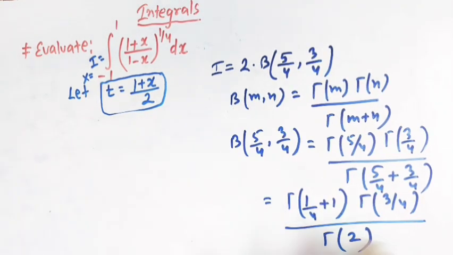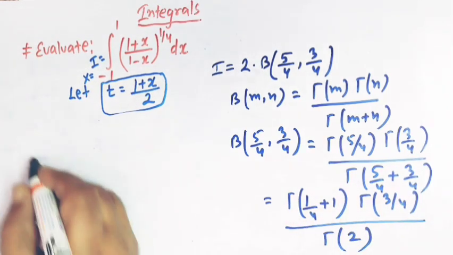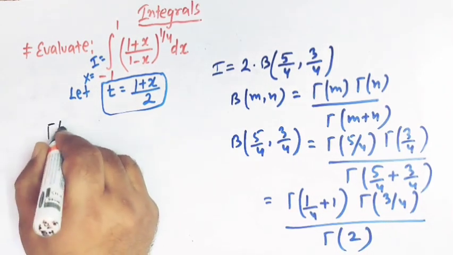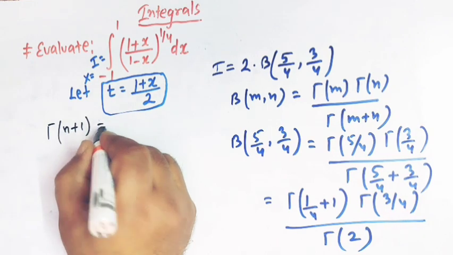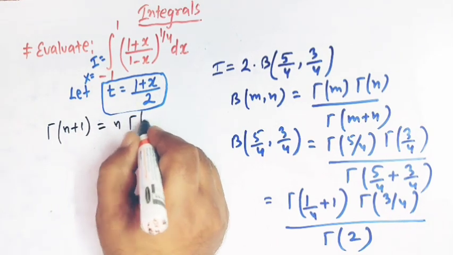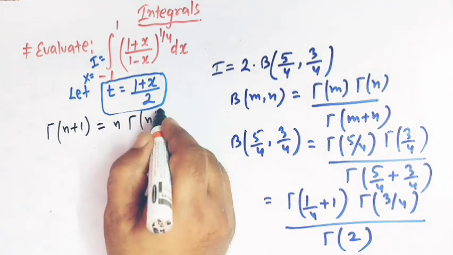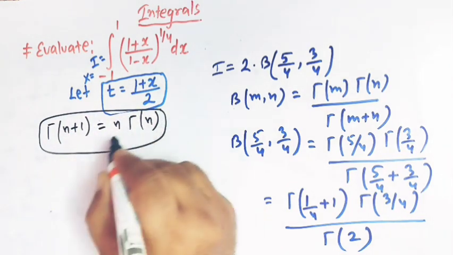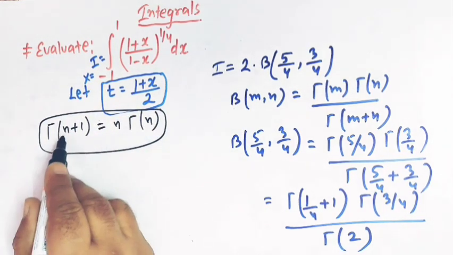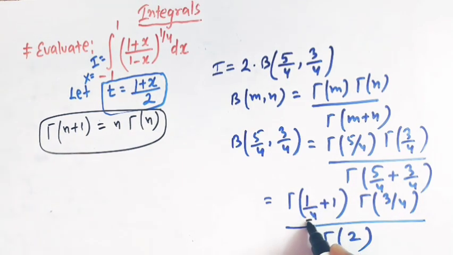So now here we'll make use of some other important relations, right? See, gamma of (n + 1) is equal to n times gamma of n. This is an important relation where n is greater than 0. So here we have gamma of (1/4 + 1).